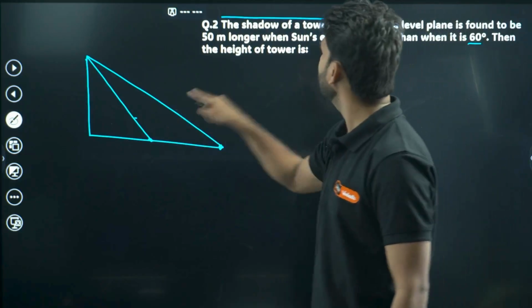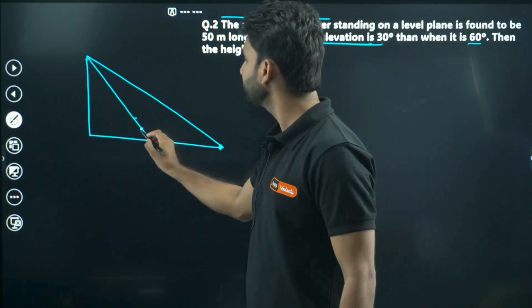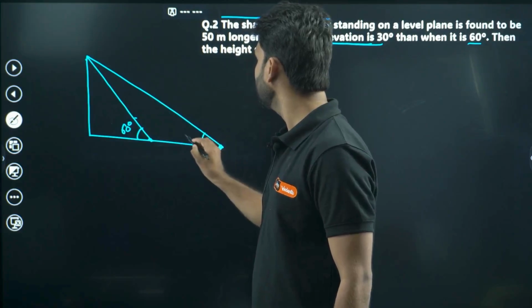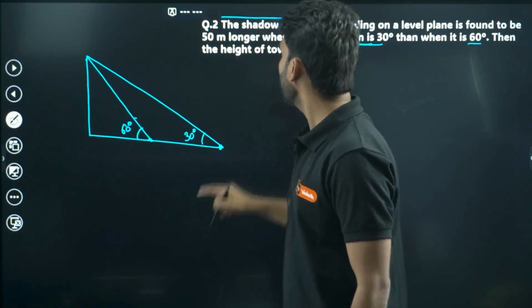So in these two angles, 60 and 30, the 60 degree has to be the greater angle, and the other will be 30 degree. Now what is the question saying here?